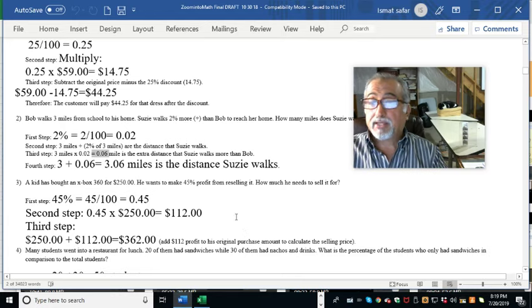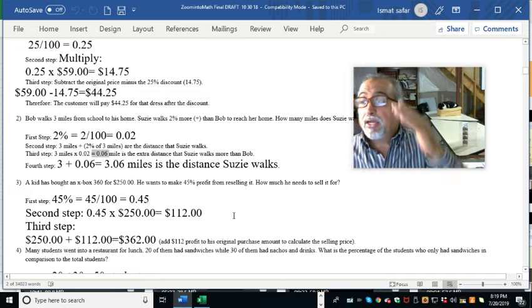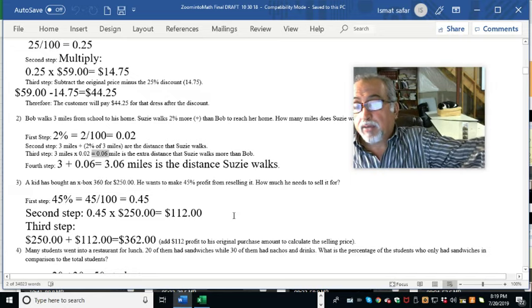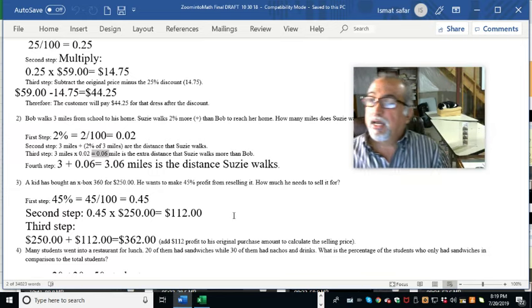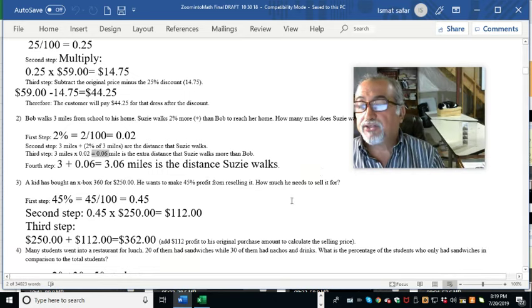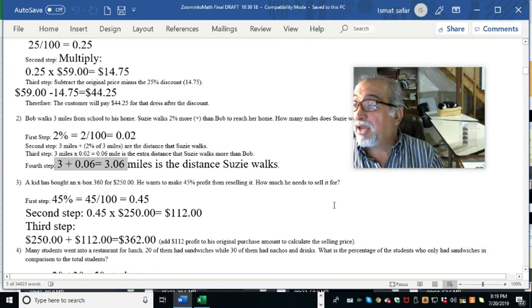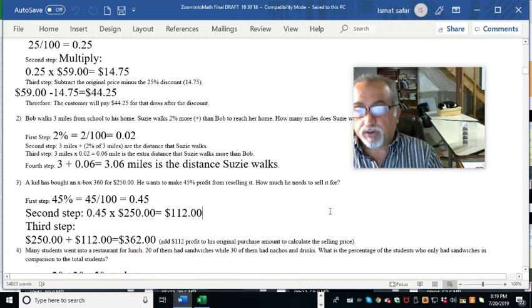Not how much she walks in total, but how much more than Bob, who walks 3 miles. So 0.06 plus 3. So 3 plus 0.06 is 3 miles and 0.06 mile. Susie walks that in total.